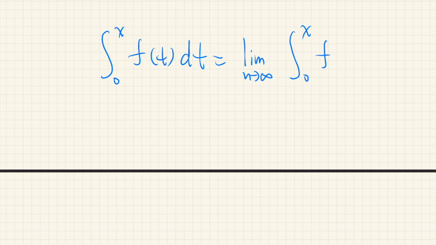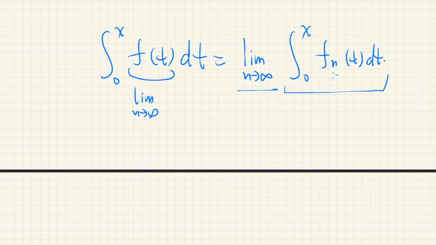So fn of t is the partial sum up to the nth term of the power series. We first calculate the integral of the partial sum and then take the limit. So this f of x is just the limit of the partial sum, and we could swap the order of integral and limit in the case of power series.